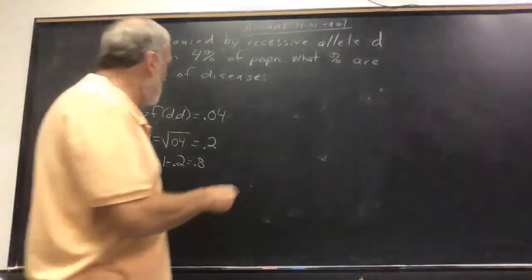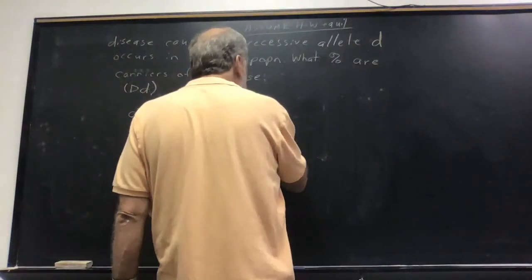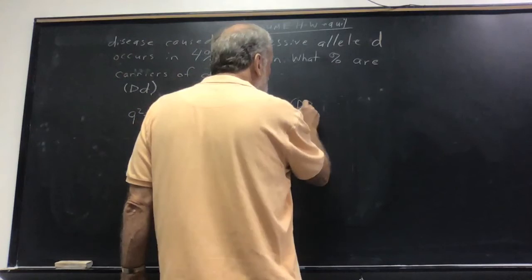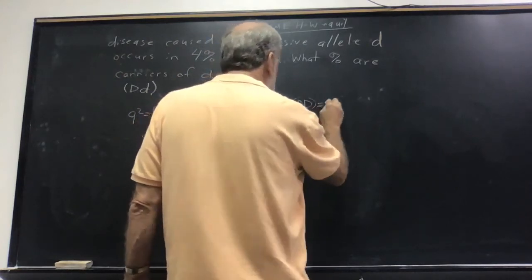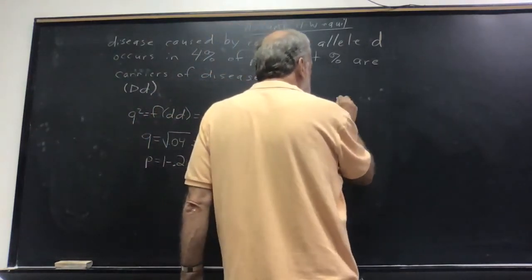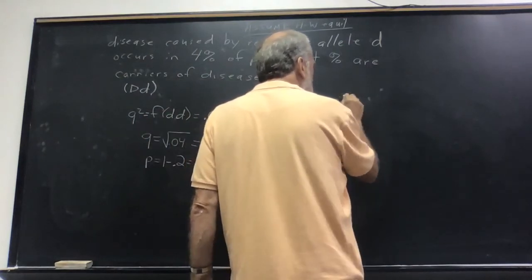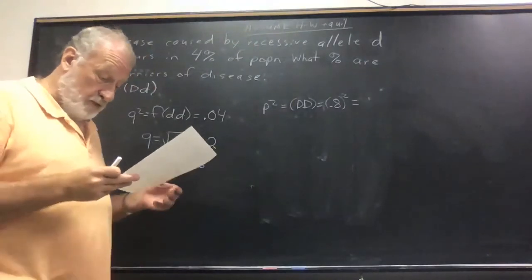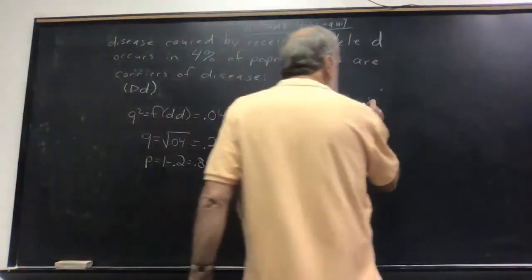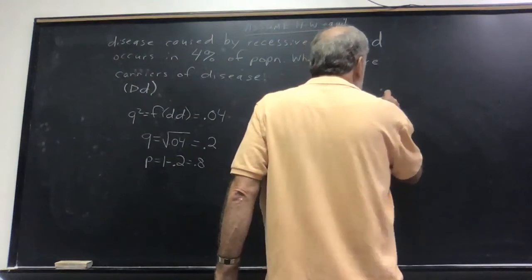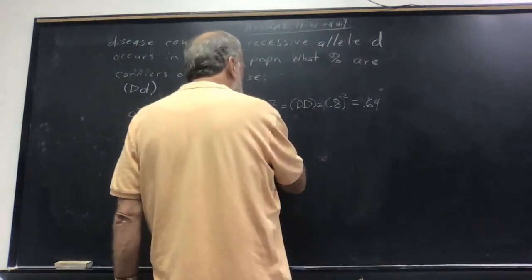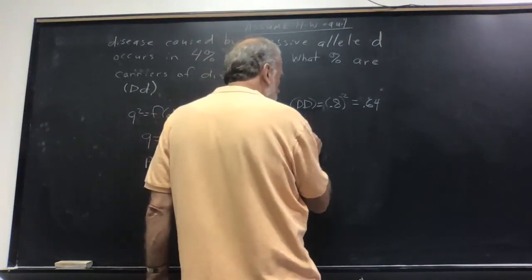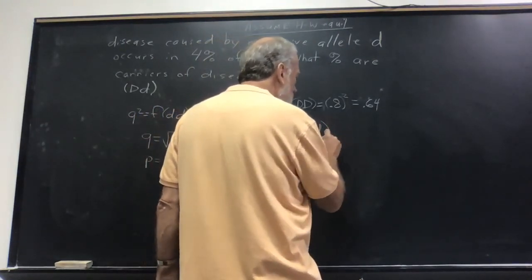So now we have our 2 allele frequencies, and now all we have to do is calculate 2 more genotype frequencies. So then, since we're assuming Hardy-Weinberg equilibrium, p squared is the frequency of the big D homozygotes, and that is 0.8 squared, because 0.8 is p, and so that comes out to be 0.64. And then 2pq, remember, is the frequency of big D, little d.